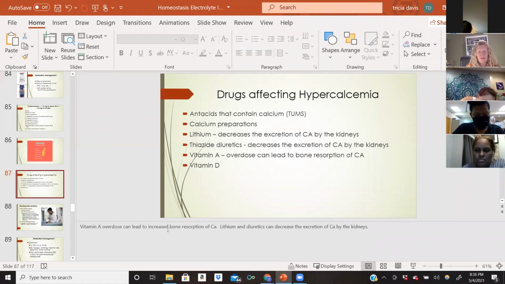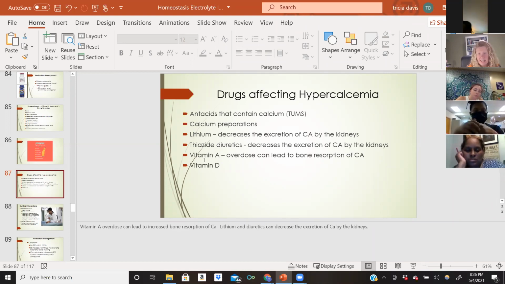Vitamin A overdose can also lead to increased bone resorption of calcium. You have your lithium, which we take for certain mental health disorders, decreases your excretion of calcium in the kidneys. So those patients tend to have higher calcium levels.